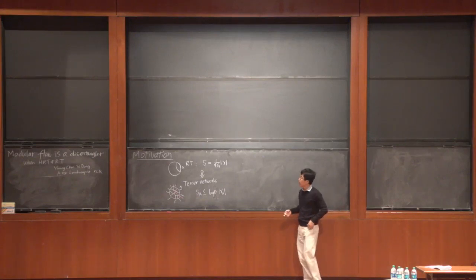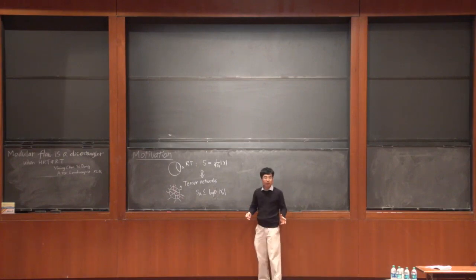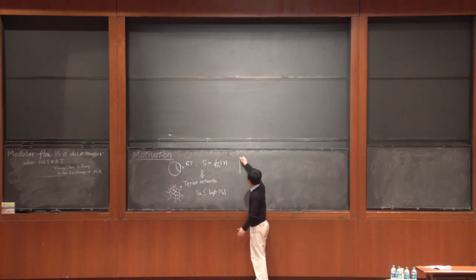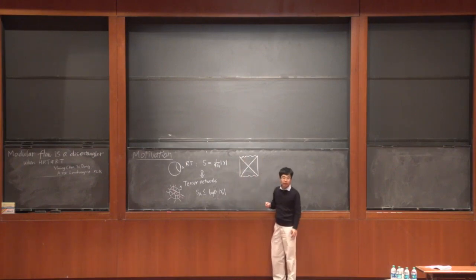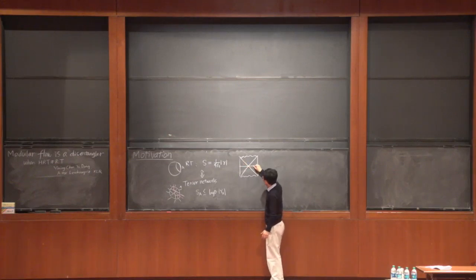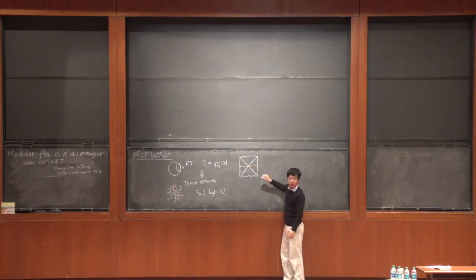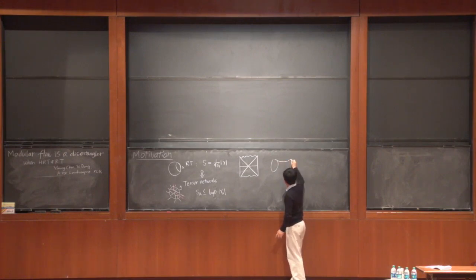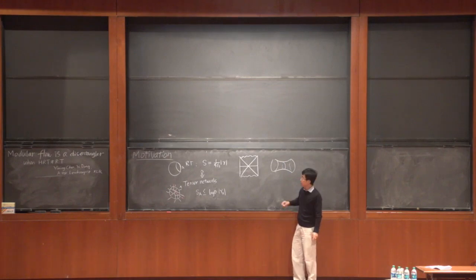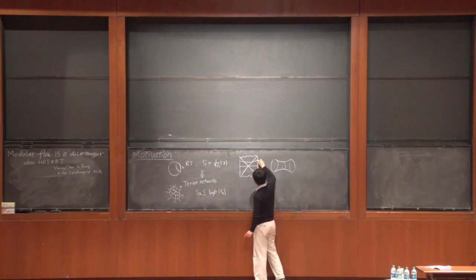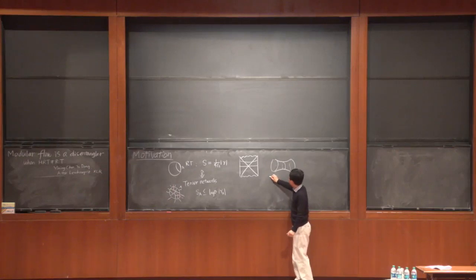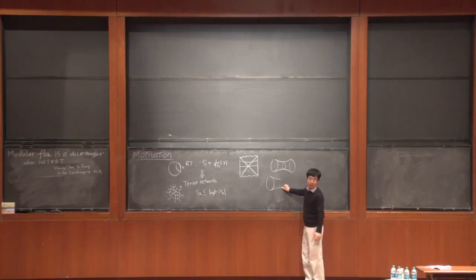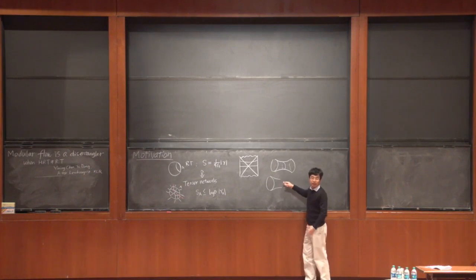For example, in an eternal black hole case, a two-sided black hole, this corresponds to the wormhole you saw in Lenny's talk. And when you go up in time, roughly speaking, it looks like a tensor network that's longer, but not wider, so the entanglement entropy of the two sides stays the same.